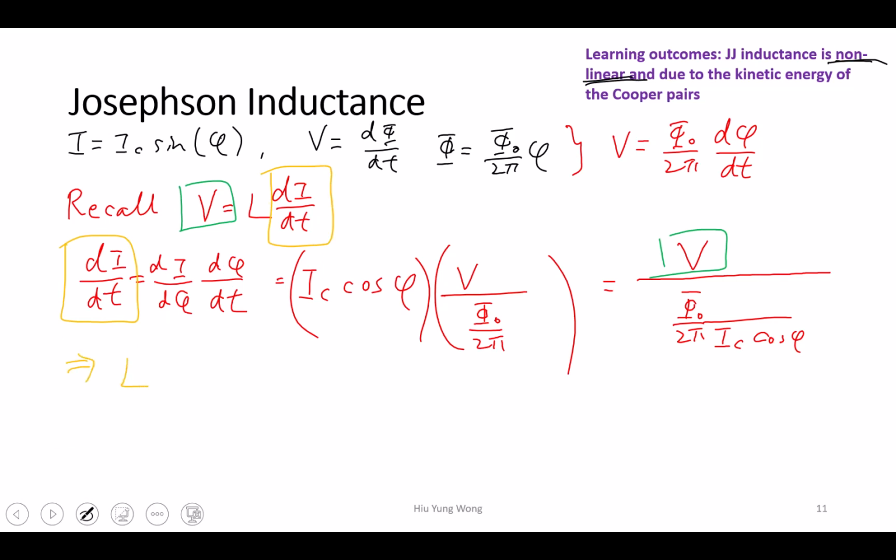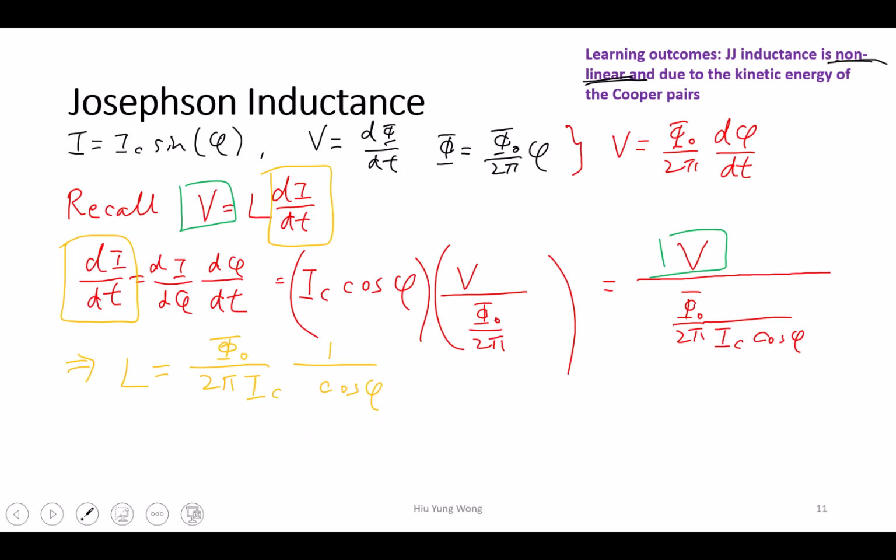It means L equals phi naught divided by 2 pi divided by IC, then the whole thing divided by cosine phi. Okay? Because V divided by L is di dt. Here I show that di dt equal to V divided by this L. This whole thing is L.